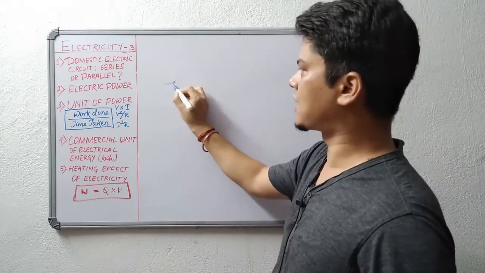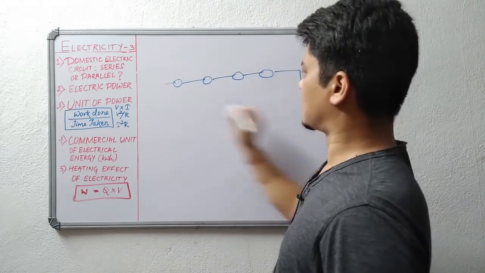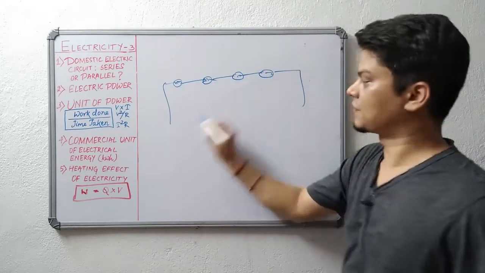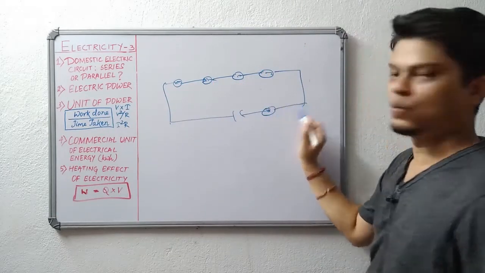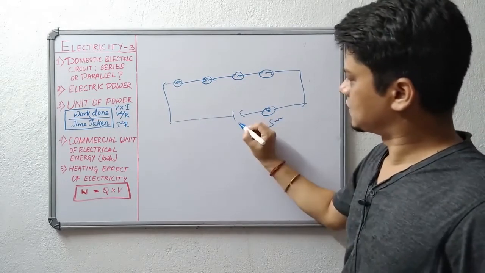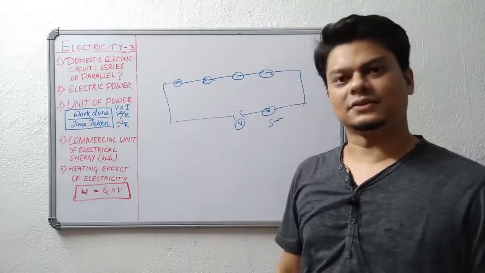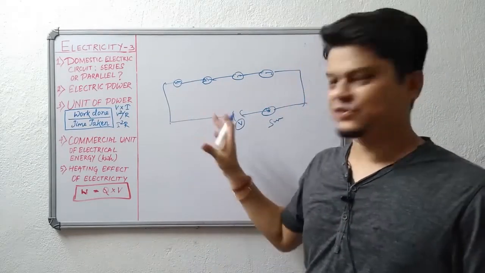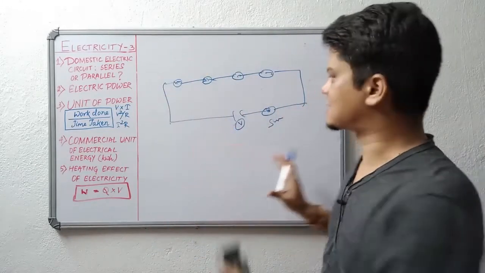The electric bulbs are all connected in series. Why? It will contain only one switch. For operation it will be easier. That is why those people connect all the bulbs in series.